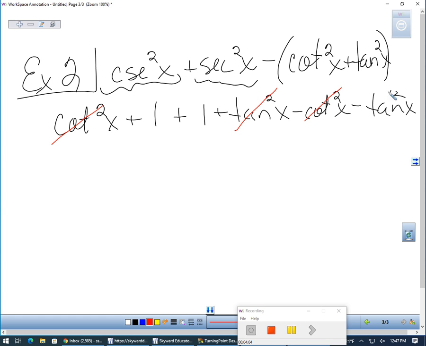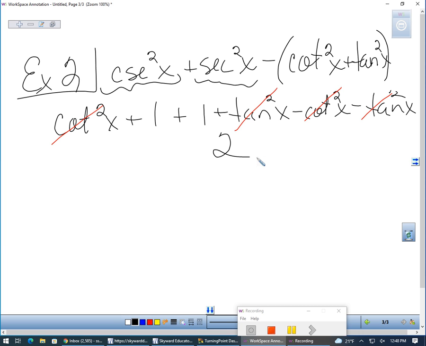Our tangents cancel. What do we have left? 2. Exactly. That whole thing is 2. I know it's crazy and it looks weird.